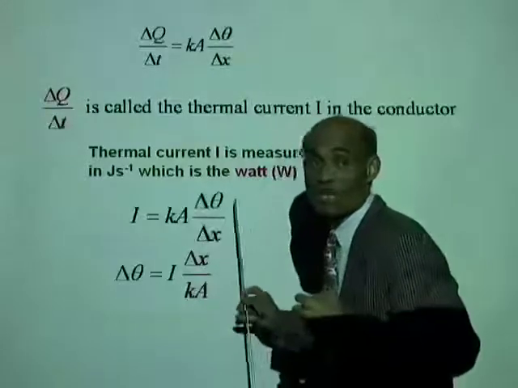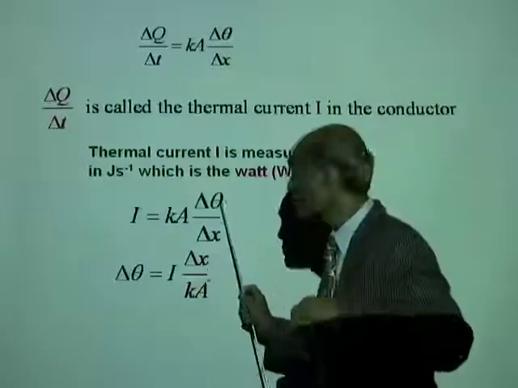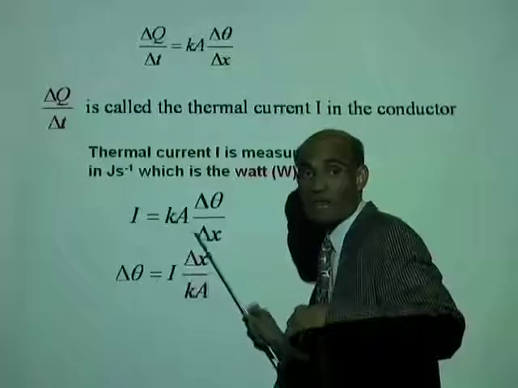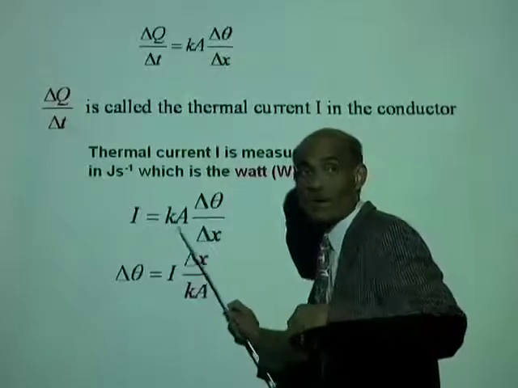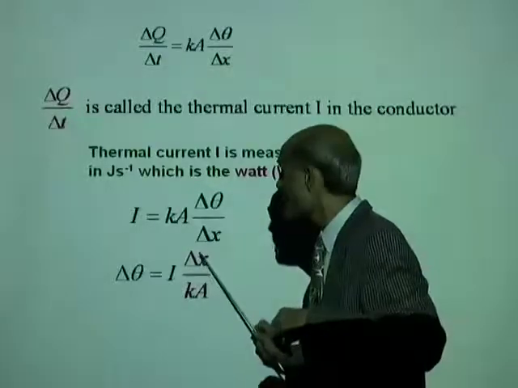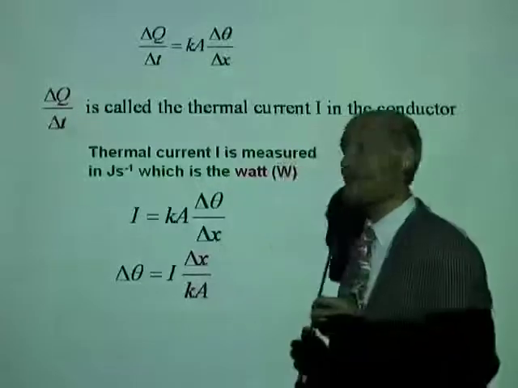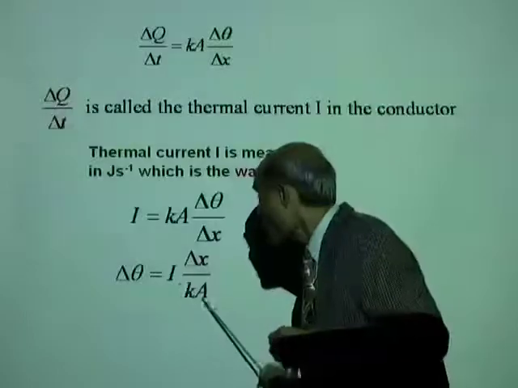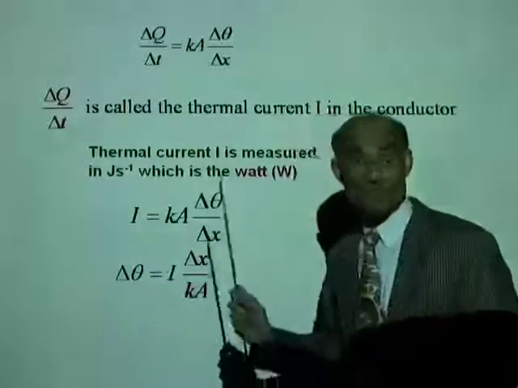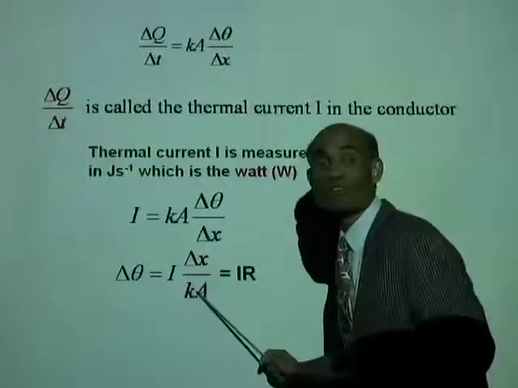I hope you can understand these transformations of equations. Delta theta equal to I times delta x divided by Ka, and I colored this delta x divided by Ka because it is a very important quantity.